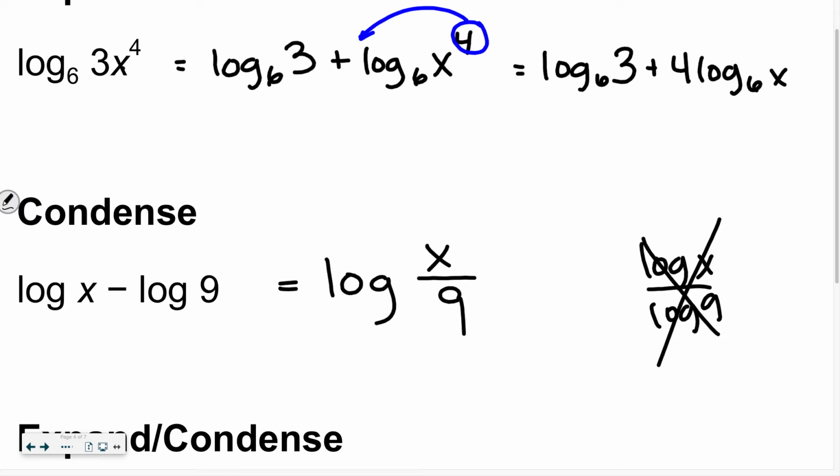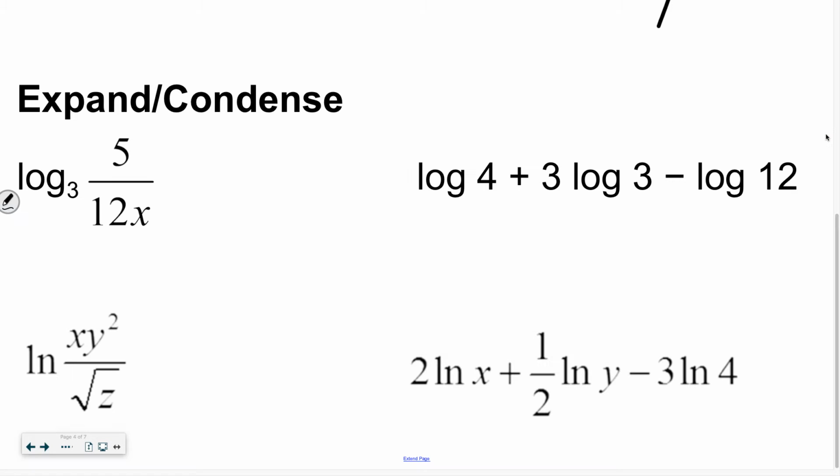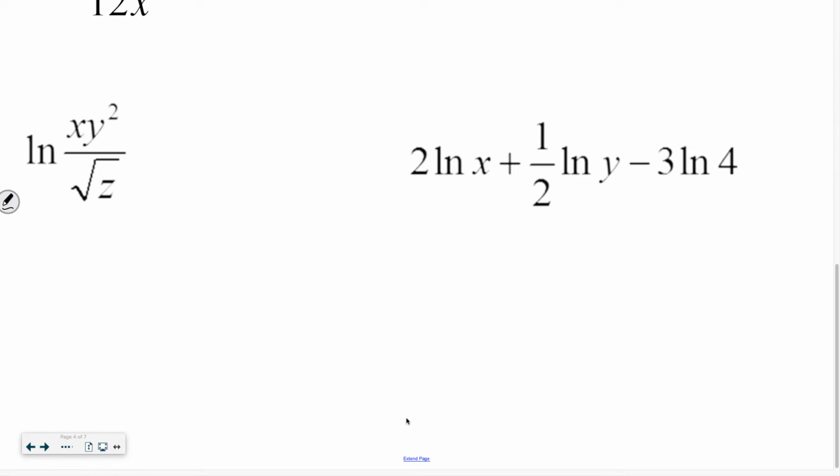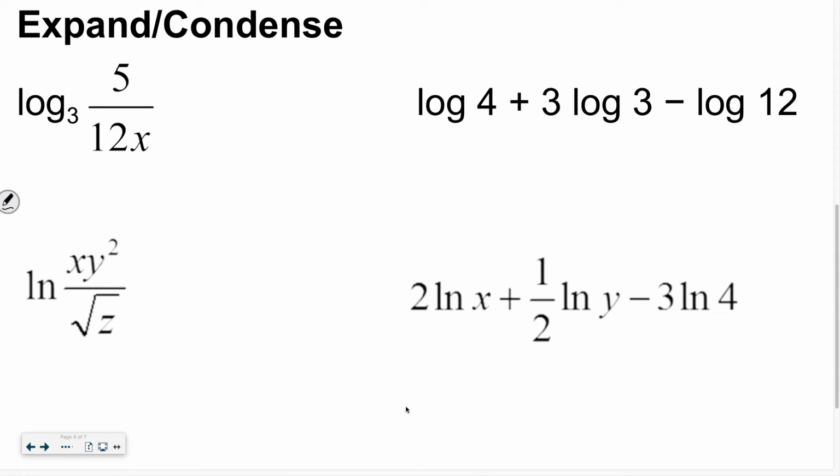Okay, I'm going to put some others up and give you a chance to try them. Maybe talk with the people around you. Yes, of course they'll get a little bit more complicated, right?